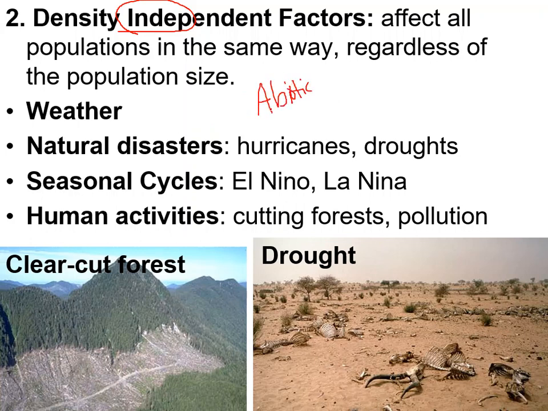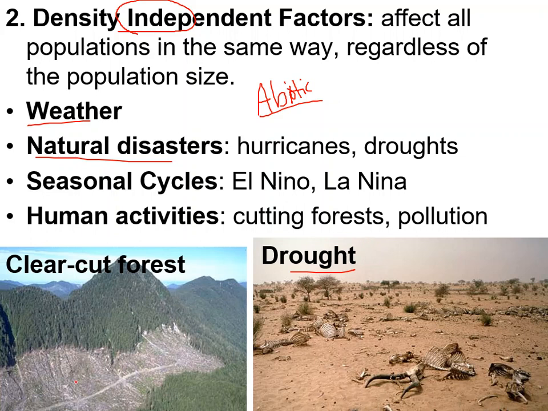So they can be weather events, natural disasters, hurricanes, droughts, etc. Seasonal cycles, human activities count as part of this, pollution, clear cutting forests. It does not matter if you lived by yourself when the drought occurred or whether you lived with 90 other individuals. The drought will affect all of you equally.